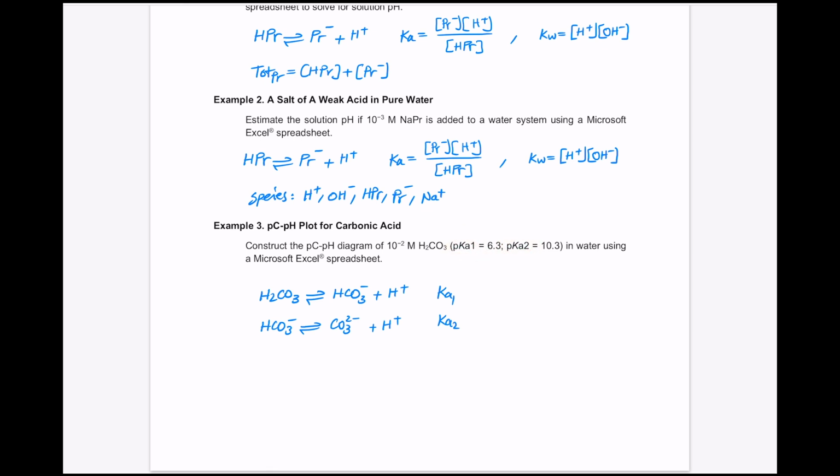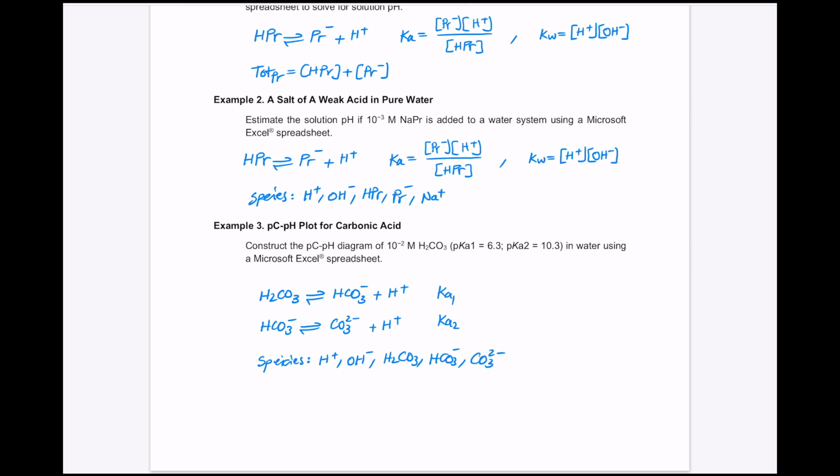We have the Kw term, and in terms of the speciation, we have H plus, OH minus, H2CO3, HCO3 minus, and CO3 2 minus.